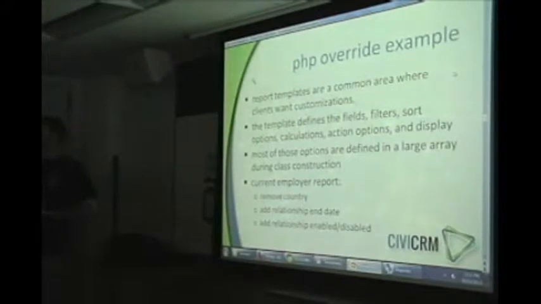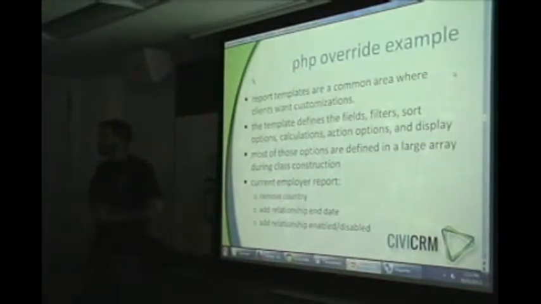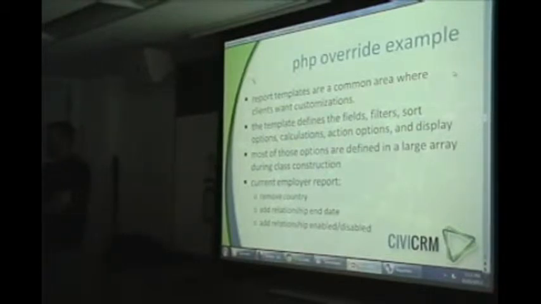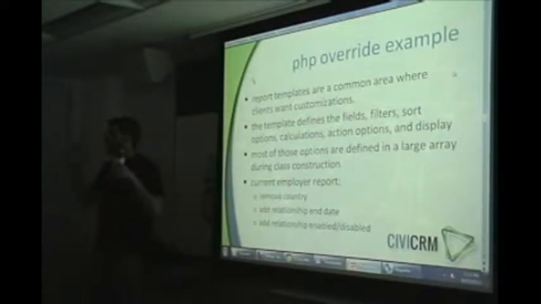All right, so we're going to do an example here. And one common area that a lot of my clients want customizations are with reports. So Civi has a reporting framework. It basically works by having all these report templates that are defined by the system. And the report template defines what that report is going to do, what options are available to it.